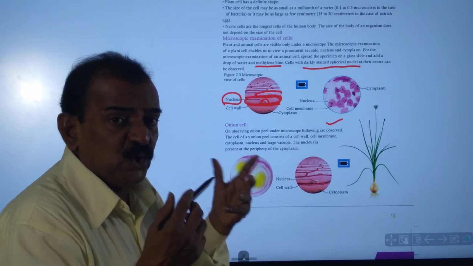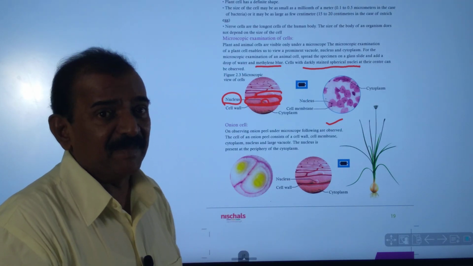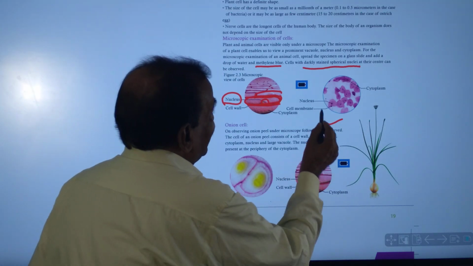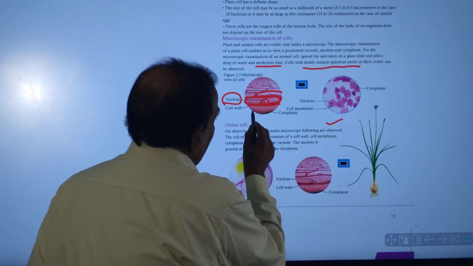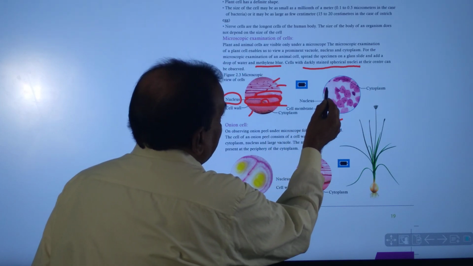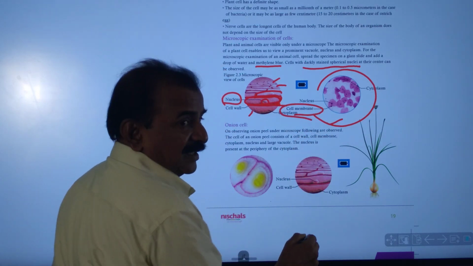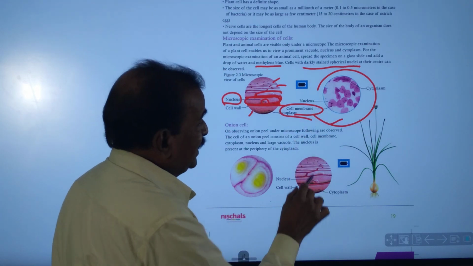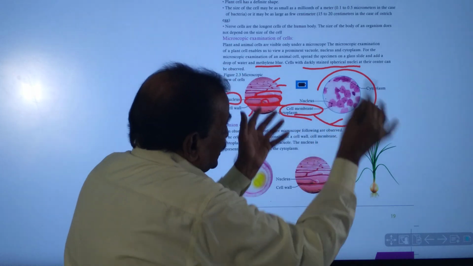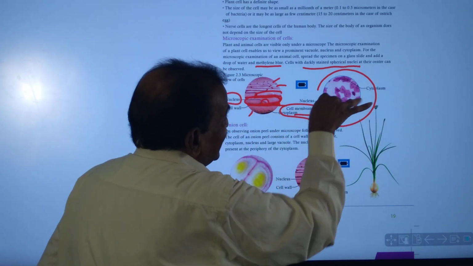And a human cell is an animal cell. So we belong to the animals, mammals. So we do not have a cell wall. Here the cell wall is present. This is the cell wall, and this is the cell wall. But here there is no cell wall. Only the cell membrane is present, and the cell membrane encloses and guards the remaining cell organelles present in the cell.